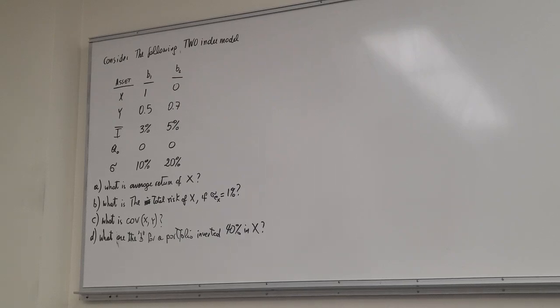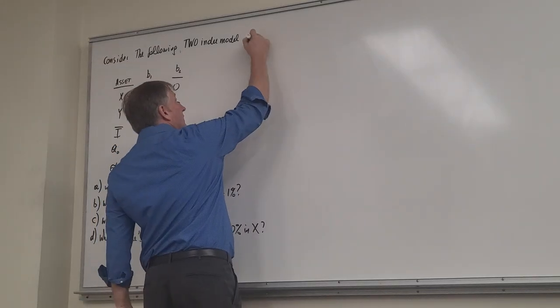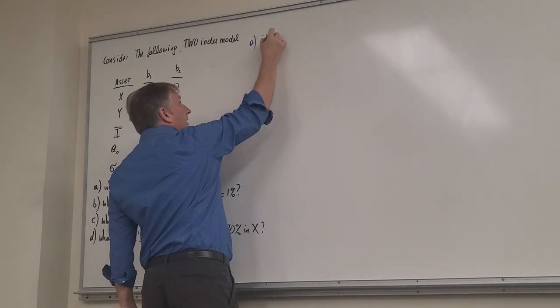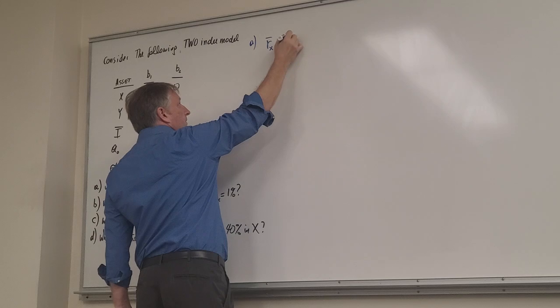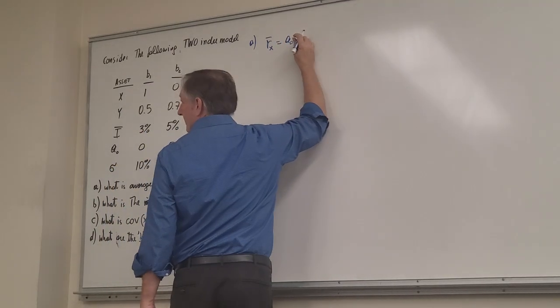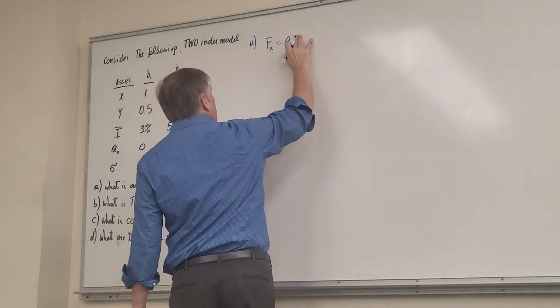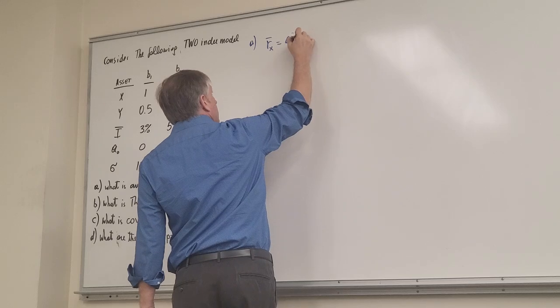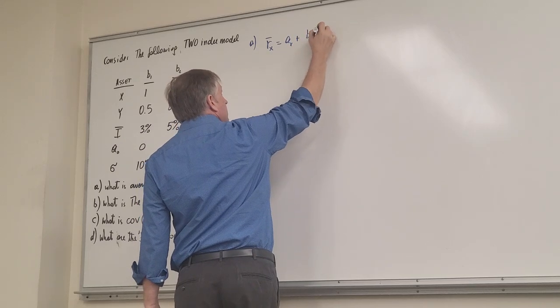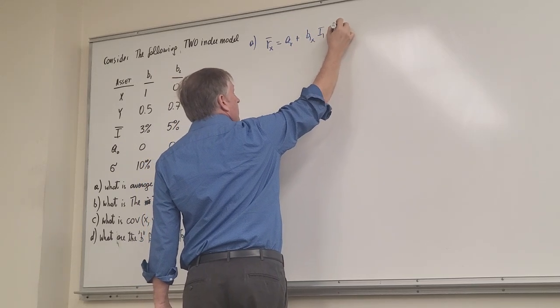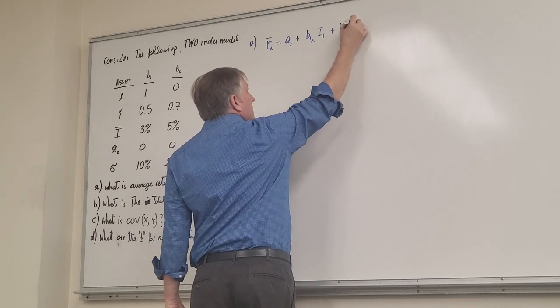So what is the average return of X? We're going to look at that particular formula right there for part A. R bar of X is equal to A of X plus B1 of X I1 plus B2 of X I2.